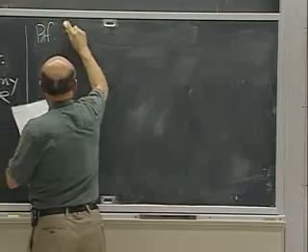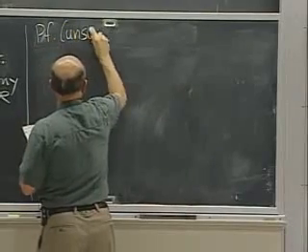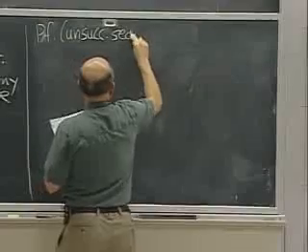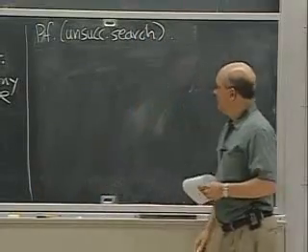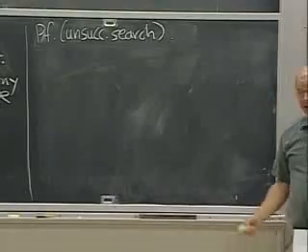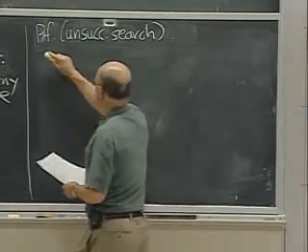So proof: we'll look at an unsuccessful search. The first thing is that one probe is always necessary.